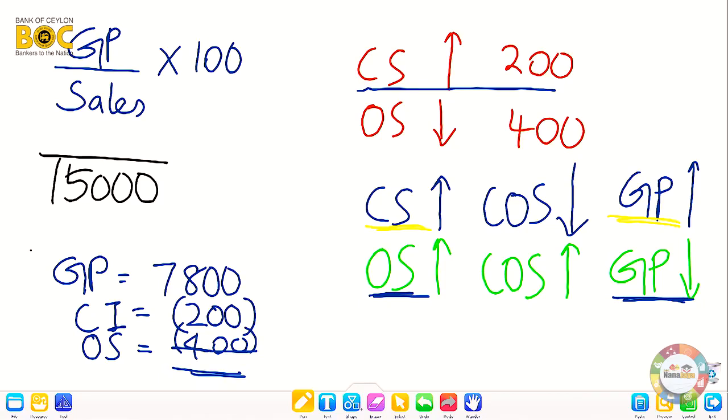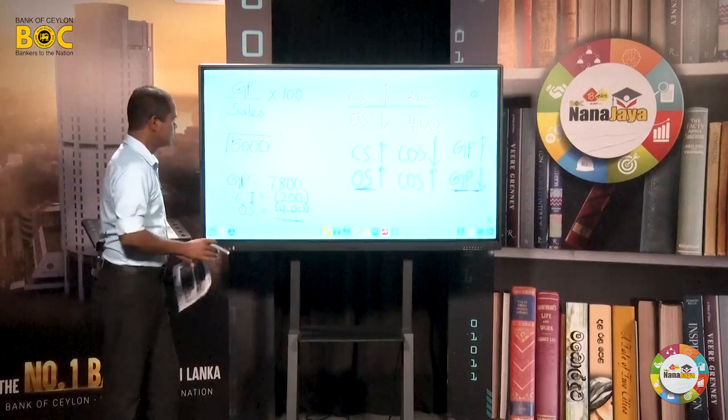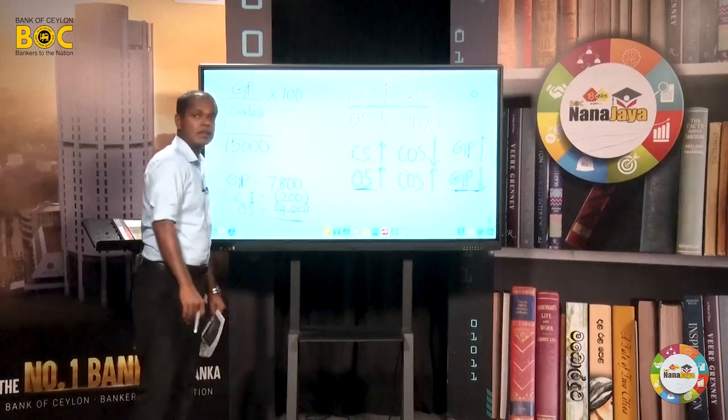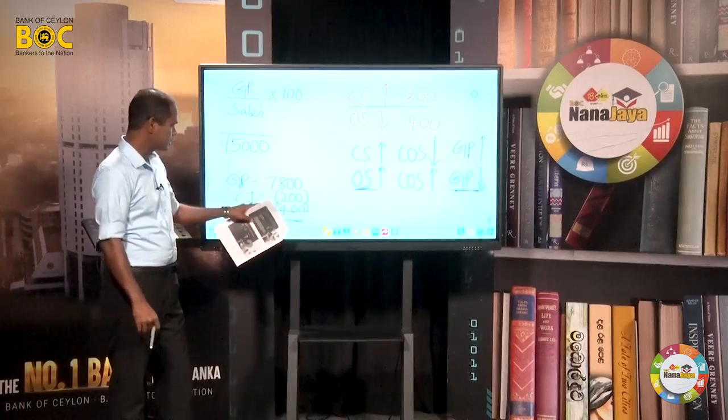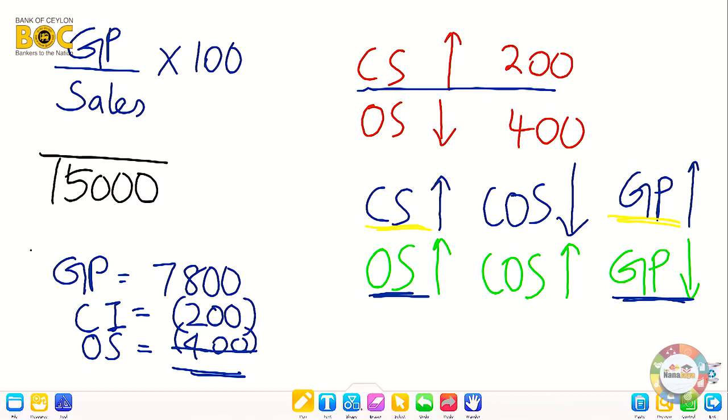The closing stock and gross profit are positively related. Opening stock and gross profit are negatively related. And so you can calculate the correct gross profit. 7,800 is the given one, minus closing inventory 200, and minus opening inventory.